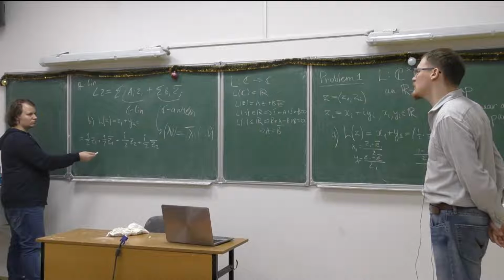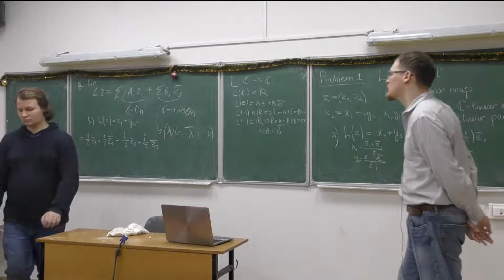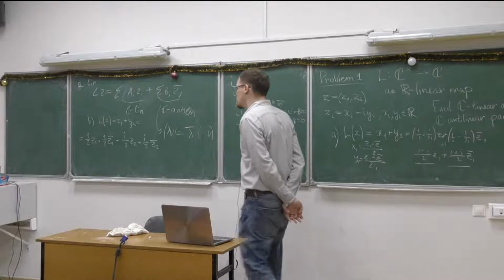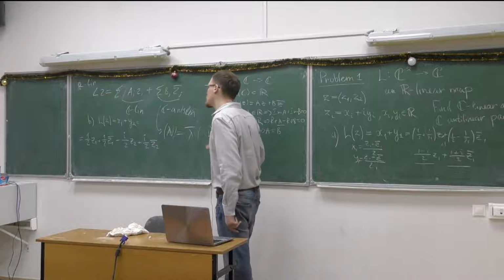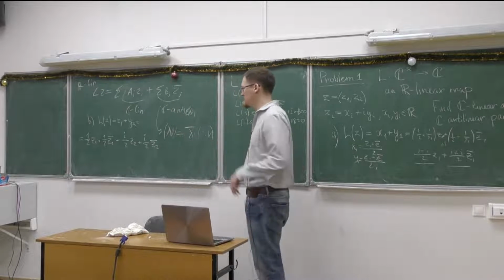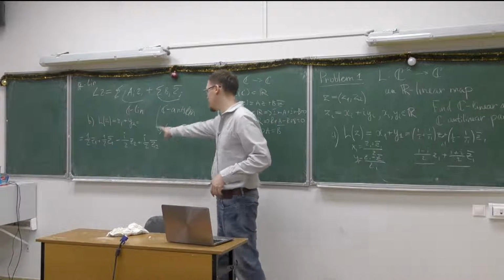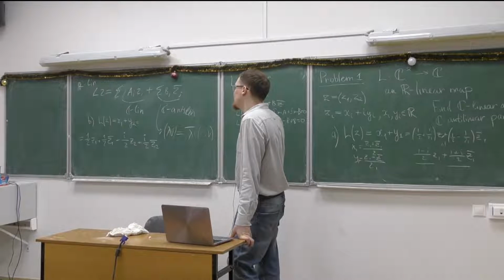So you may regroup the summands. In order to distinguish the C linear and C antilinear parts, you should move the Z2 part in order to put it together with the Z1 part.